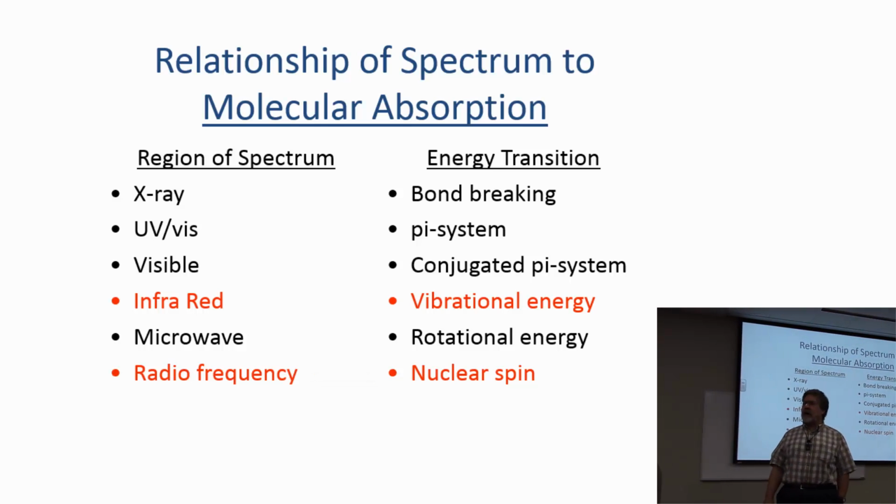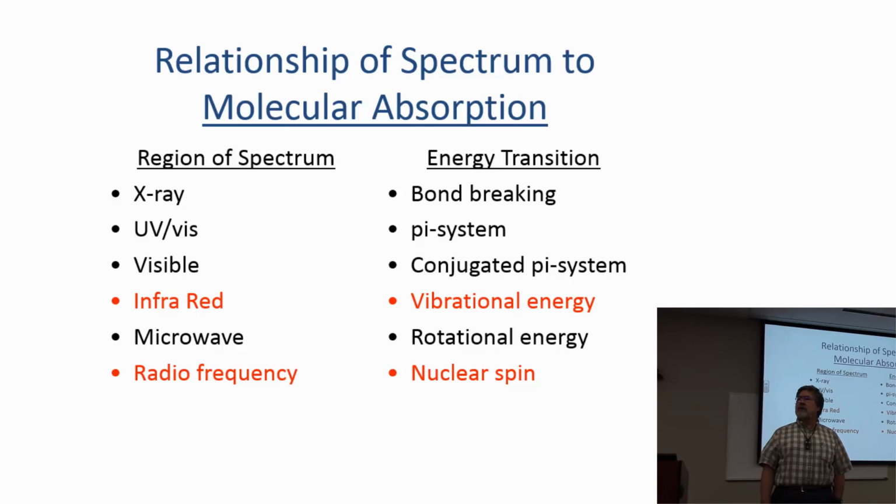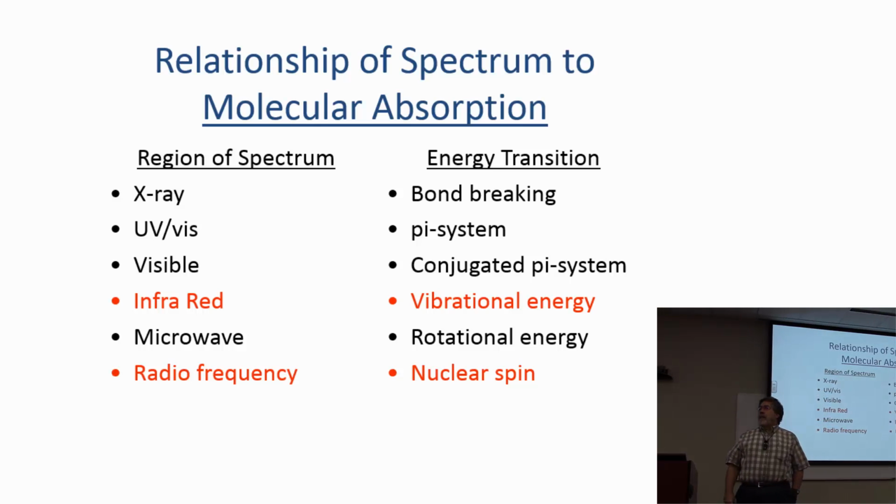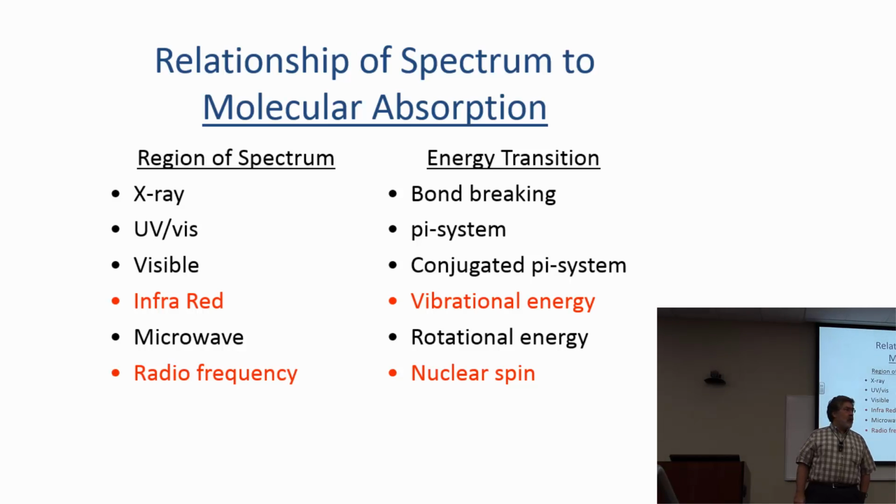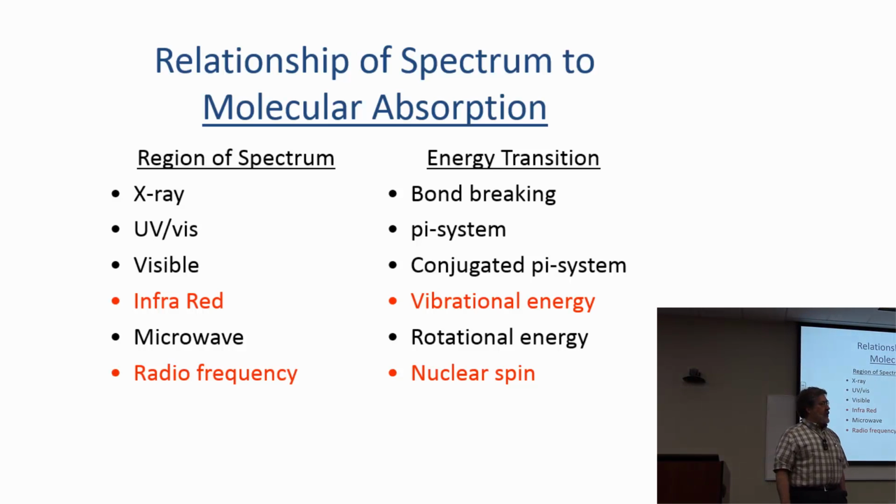Now that's a weird concept. Nuclear spin. To say it quickly, and we'll get back to this when we actually talk about NMR, remember your quantum numbers for electrons, right? One of them, the last one, m sub s, was plus minus 1/2, right? That's magnetic spin.